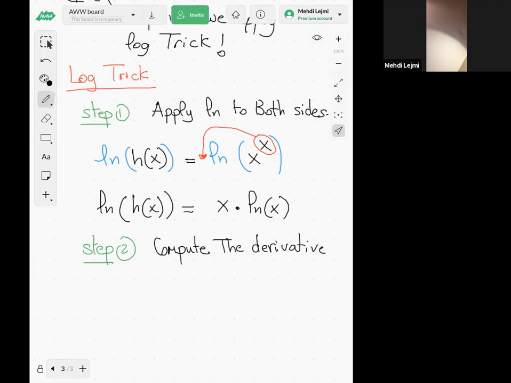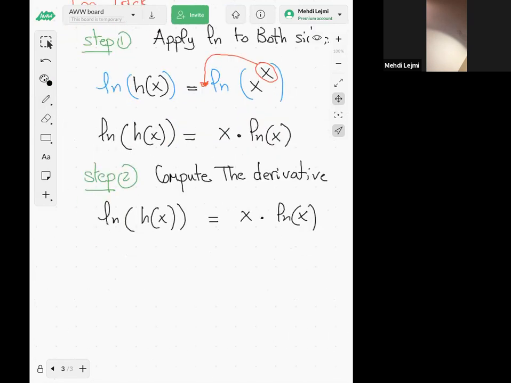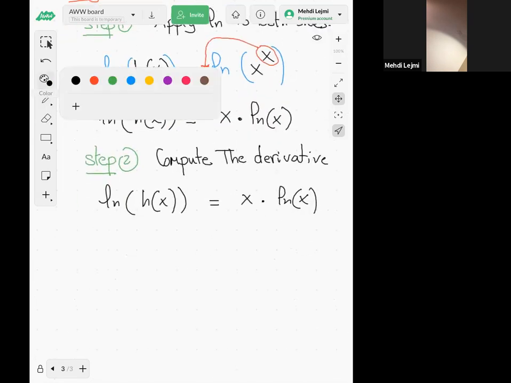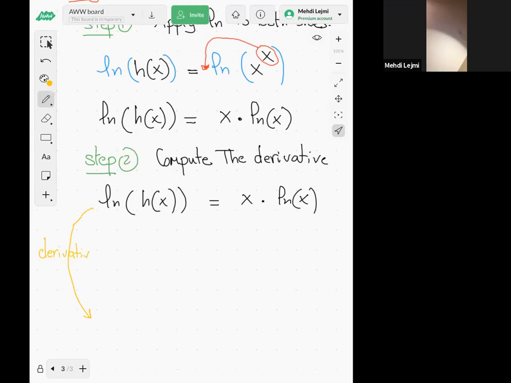Okay, so I have natural log of h of x equal to x times natural log of x, right? So I want to compute the derivative. Now, what's the derivative of natural log of h of x?